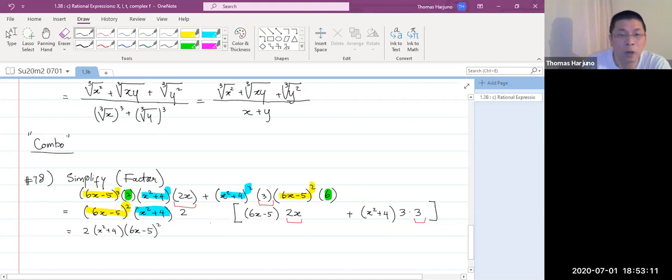While the one inside the bracket now becomes 12x squared minus 10x plus 9x squared plus 36, which combines to be, inside the last parenthesis, 12x squared minus 10x plus 36.